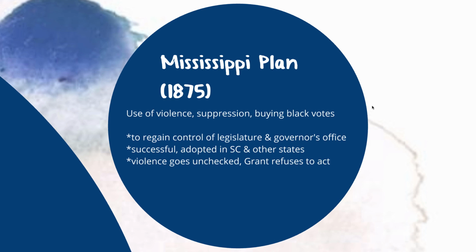To give you an example of how effective the Mississippi Plan is, in Mississippi, consider the counties with the largest number of Black voters prior to this plan taking effect. After the Mississippi Plan, let me tell you how many Black votes were turned in: 12, 7, 4, 2, and 0 votes.